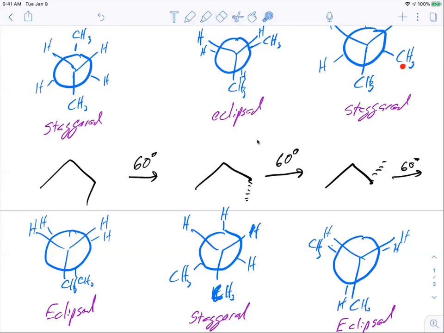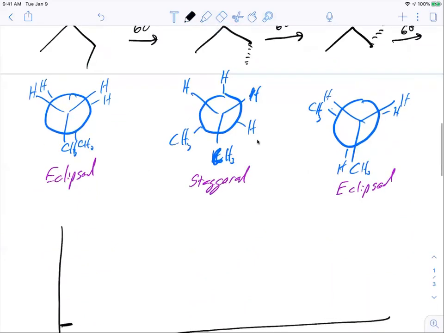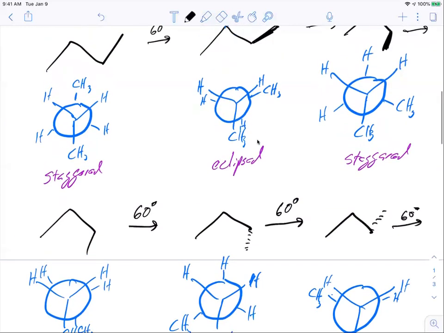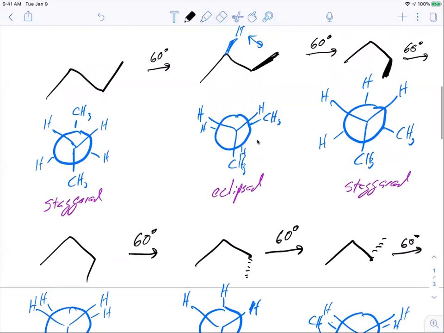And so this is going to be higher energy than this one. So we can start with this lowest energy one, and then we come up to a staggered, eclipsed, but it's an eclipsed with a methyl and a hydrogen overlapping.